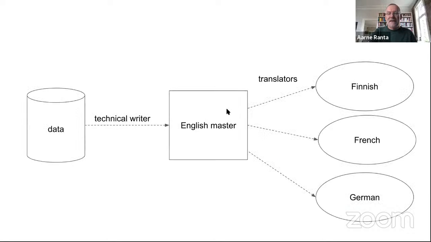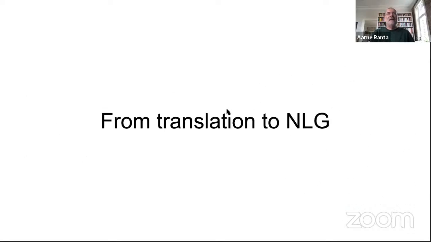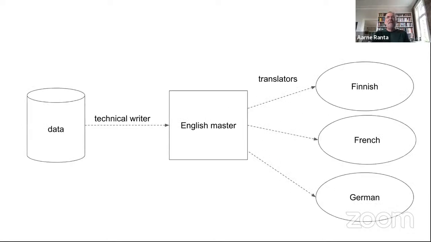So we all know that NLG is there to replace translation, and there is this traditional workflow that is used in, for instance, companies when they produce material, and also in a sense it's used in Wikipedia when English articles are translated to other languages.